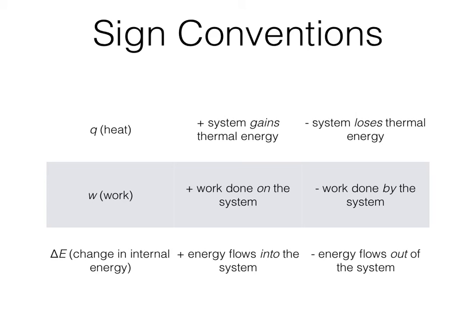Okay, let's summarize that because this is rather confusing. We can get all these signs mixed up. I do all the time. Q is heat. If the system gains thermal energy, Q will be positive. If it loses thermal energy, Q will be negative.